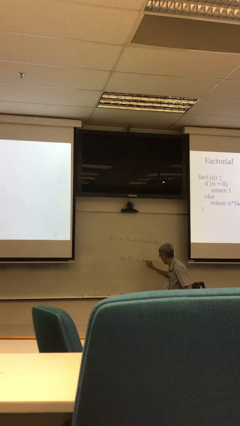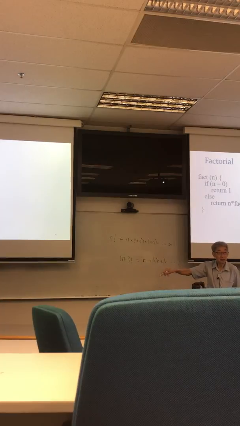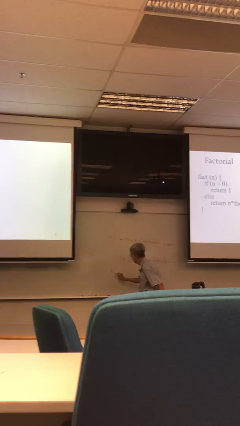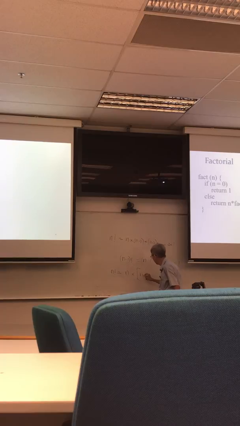Because n minus 1 factorial is n minus 1 times n minus 2, etc. So if you have n minus 1 factorial, we can always find n factorial by using n times n minus 1 factorial.